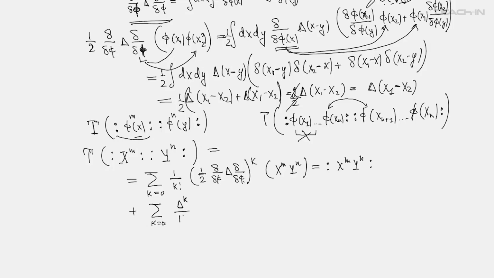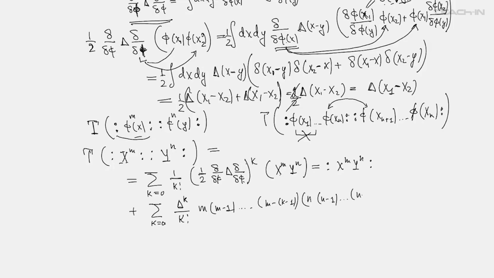And now from the m X's, the number of ways I can pick up one X is m. Then I have to pick up another X, and this will be m minus 1 ways, and so on, up to m minus k plus 1. And concerning Y, this will be n, n minus 1, and so on, up to n minus k plus 1, like this.